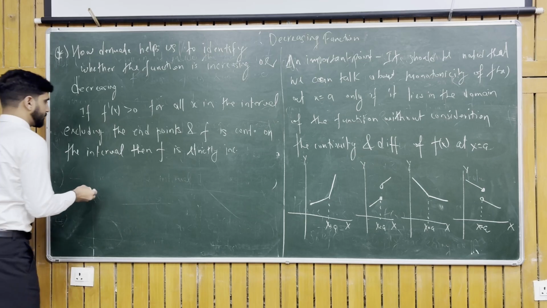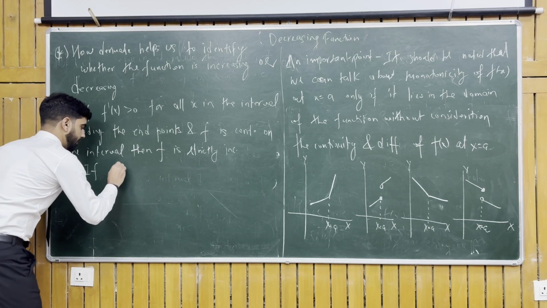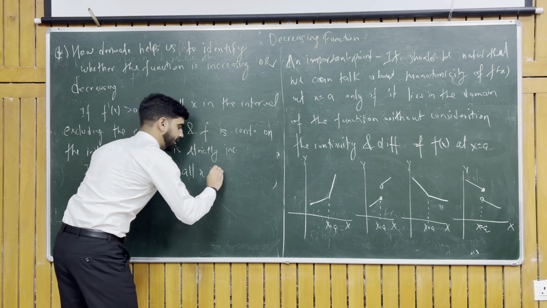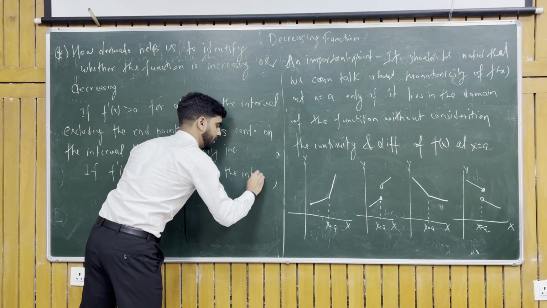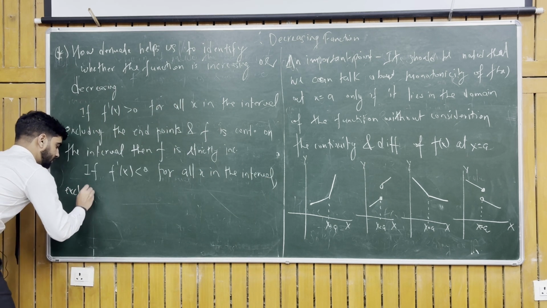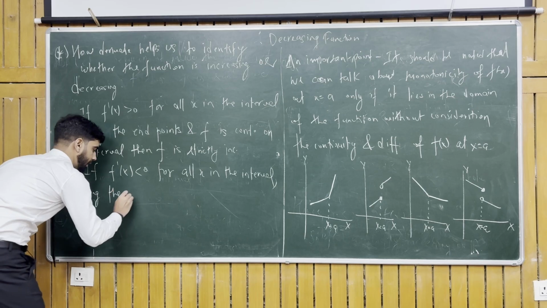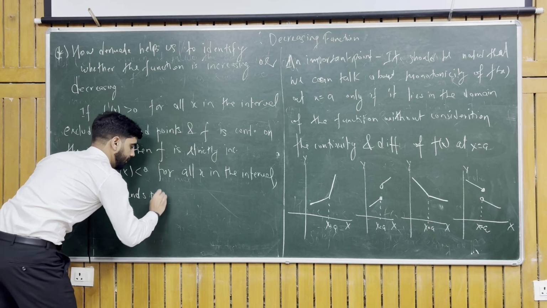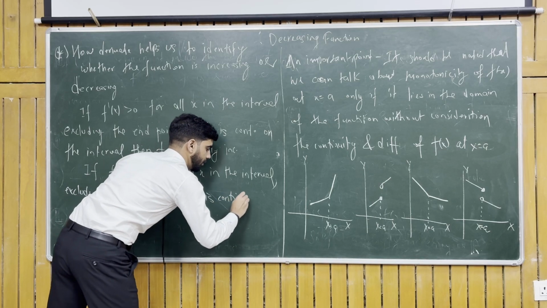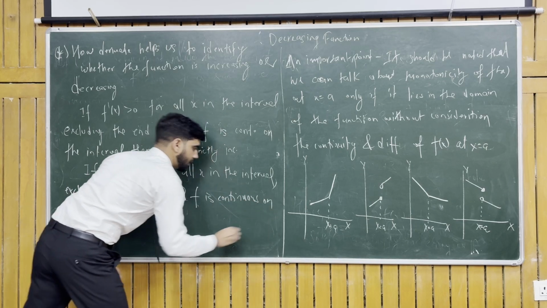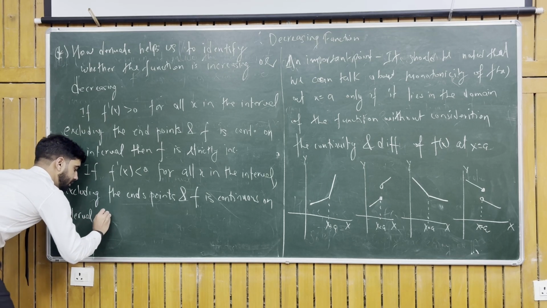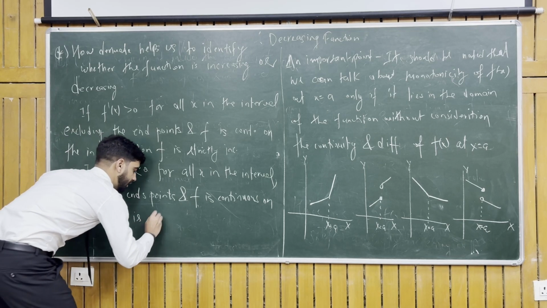Similarly, if f dash x is less than 0 for all x in the interval excluding the endpoints, and f is continuous on the interval, then f is strictly decreasing.